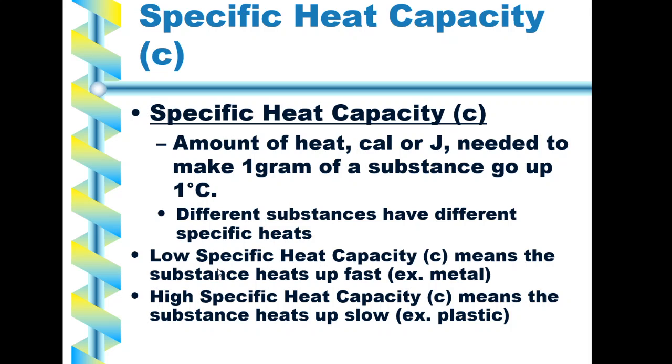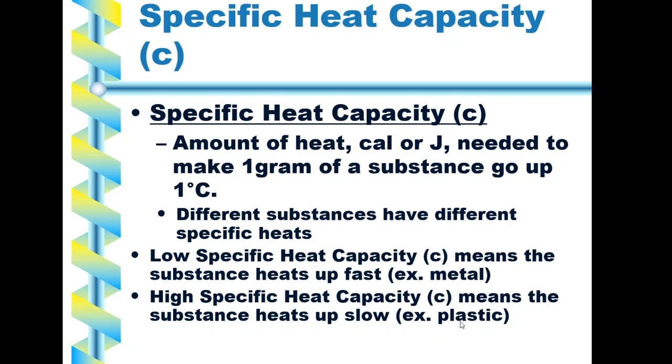If a substance has a low specific heat capacity, C, it heats up fast. For example, metals have a very low specific heat capacity. A high specific heat capacity means the substance heats up slowly, like plastic.